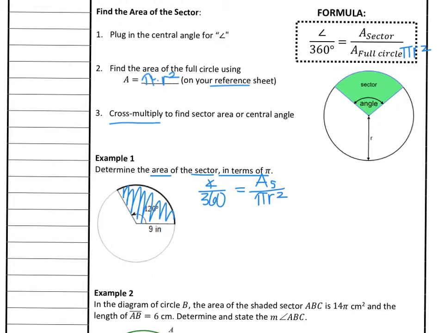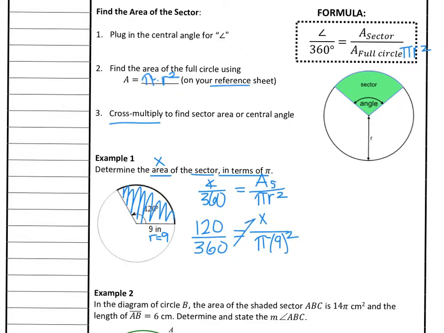Okay, so our angle that we're given is 120 over 360 equals, we're going to switch that to an x to make it a little bit easier, area of the sector, over pi r squared. So pi, our radius is equal to 9, so we'll do pi 9 squared, and then cross multiply.